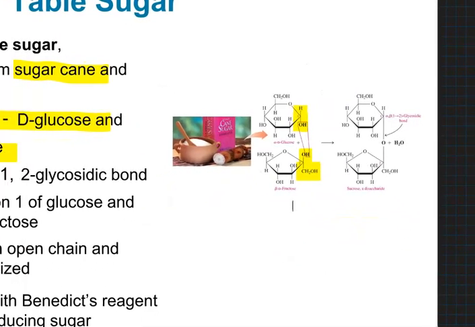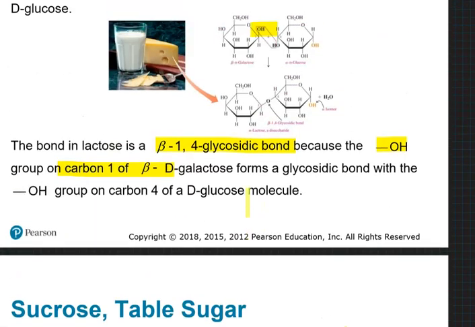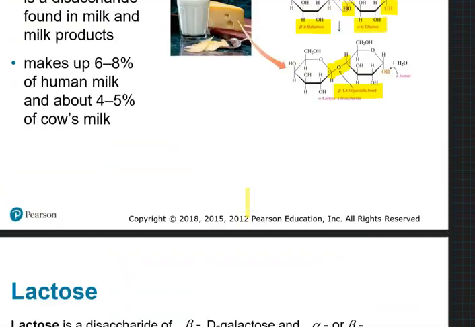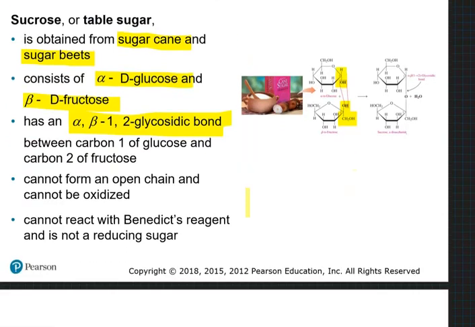So we call it an alpha beta 1,2 glycosidic bond. Now, sucrose is not a reducing sugar since it cannot form an open chain. So it does not react with Benedict's reagent.